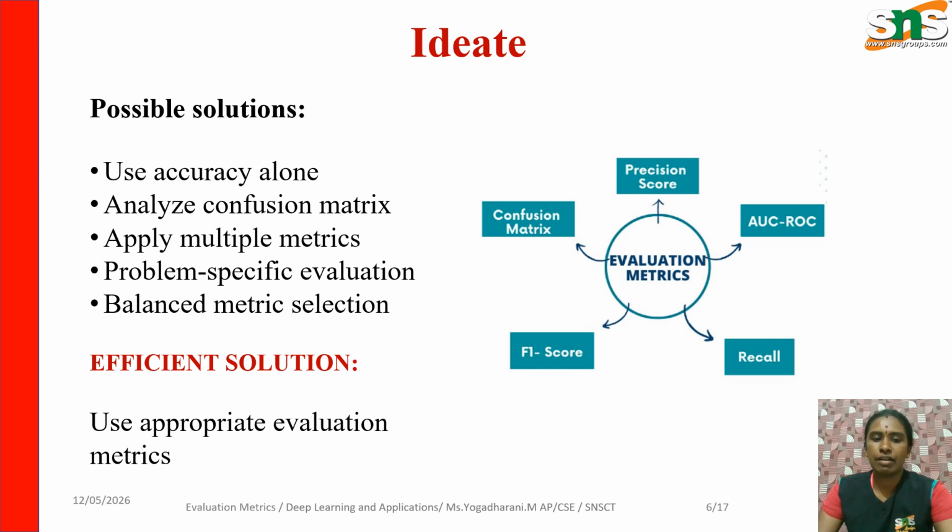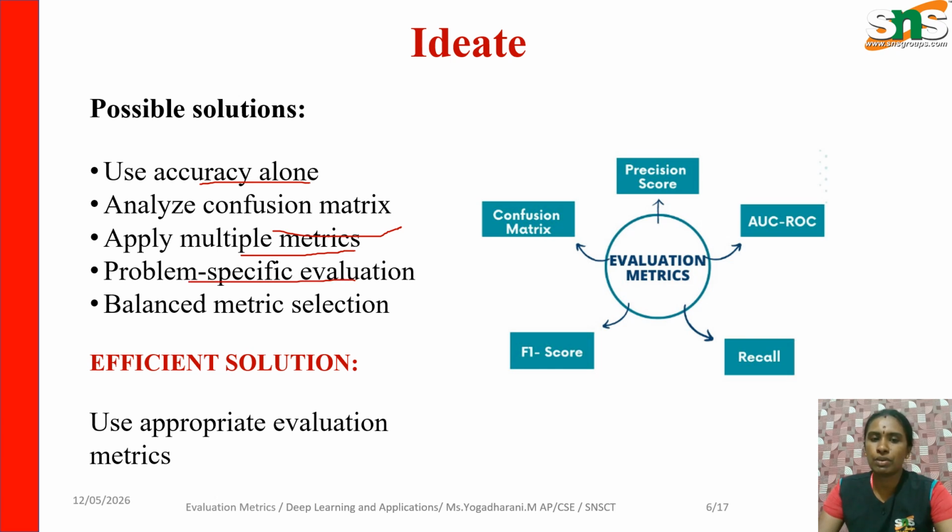To evaluate most efficiently, we can take different approaches. Using accuracy alone is simple but not always reliable. Analyzing the confusion matrix shows detailed prediction results. Applying multiple metrics, such as precision, recall, and F1 score, gives deeper insights.